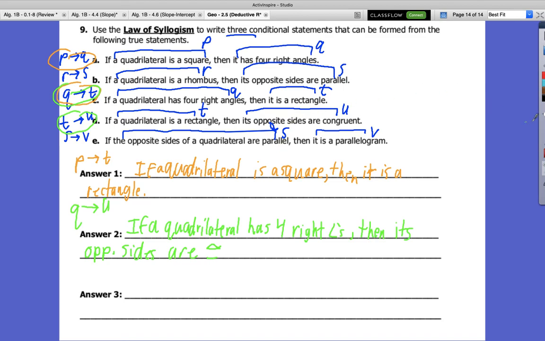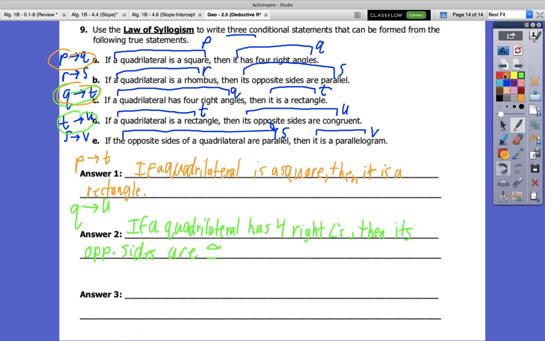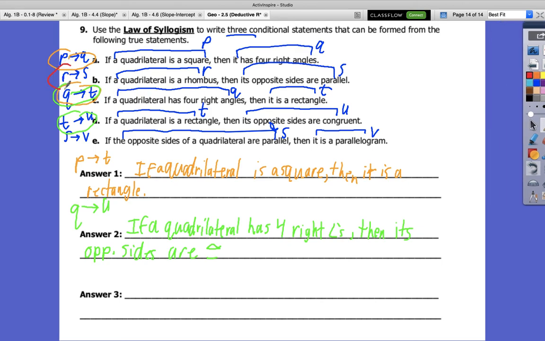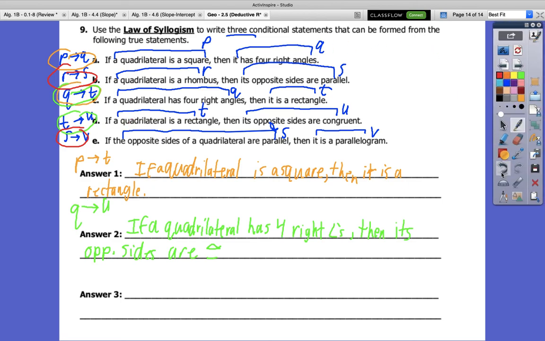Well, for our last one, we really could do a number of different things. We could try and link up if R then S, and if S then V, and go straight from R to V. Another one I'll show you, it's kind of a neat thing, is we can actually link up multiple things at once.